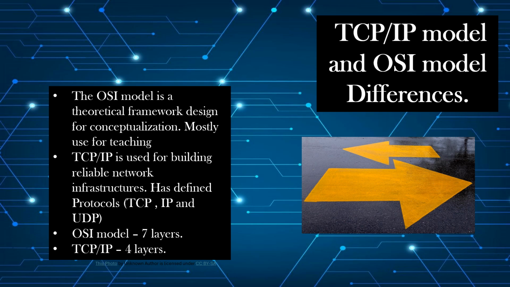The TCP/IP model does have defined protocols such as TCP, IP, and UDP, and is the default communication across the internet. The OSI model has 7 layers, while TCP/IP has 4. TCP/IP combines layers 7, 6, and 5 of the OSI model into the application layer.